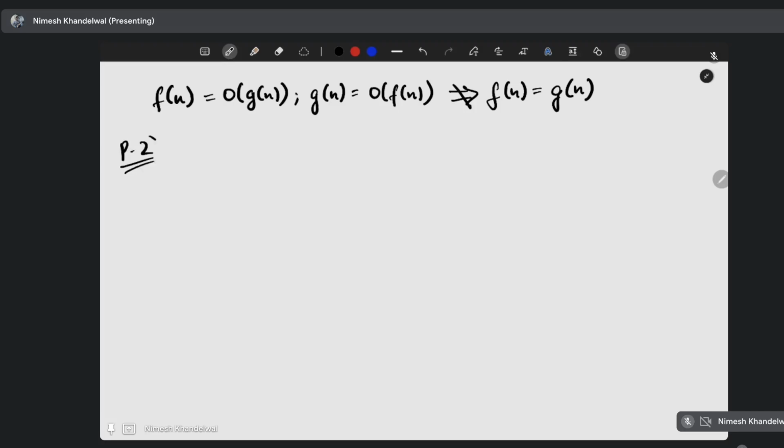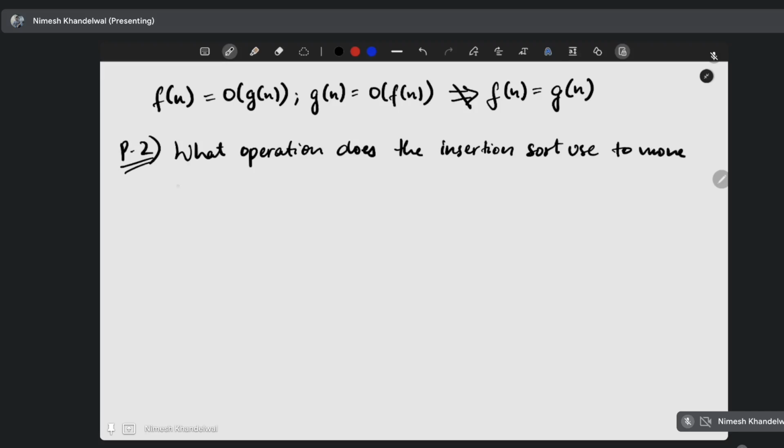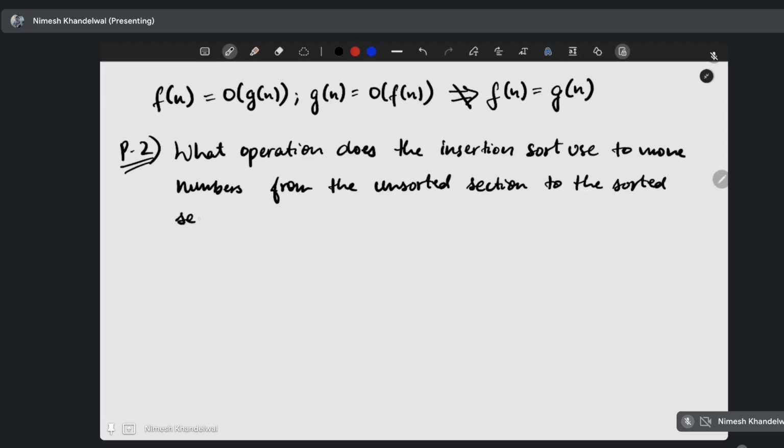Let's take the second problem. What operation does the insertion sort use to move numbers from the unsorted section to the sorted section of the list?